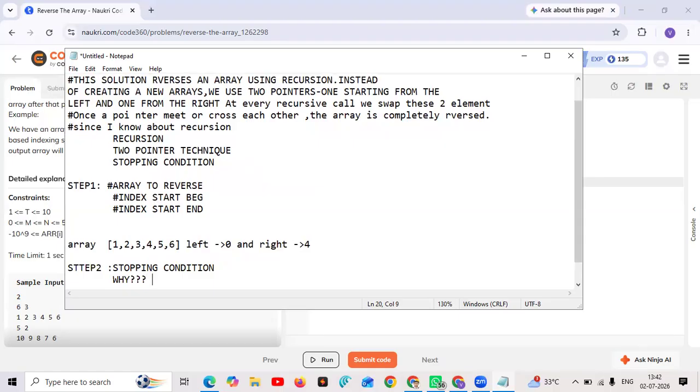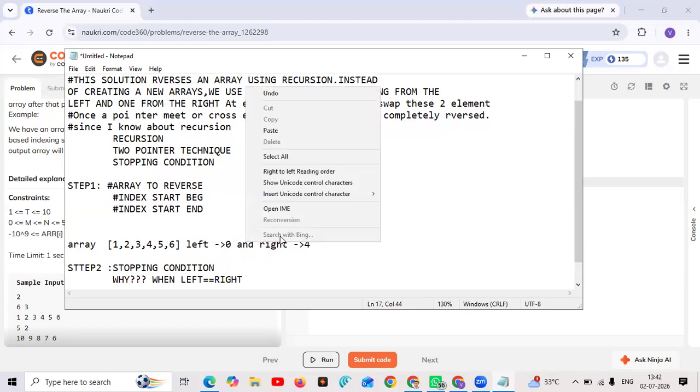See, when left is equal to right, both pointers are on the same element. For example, this is your left, and this is your right.